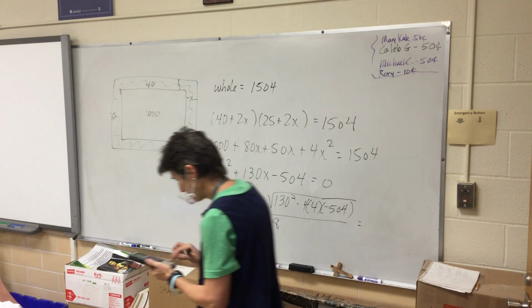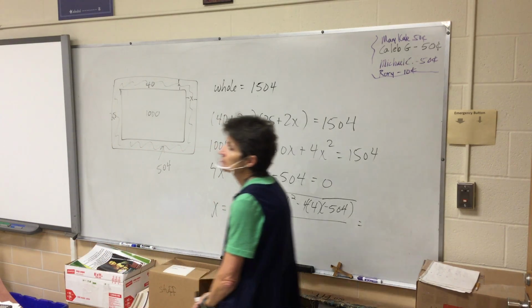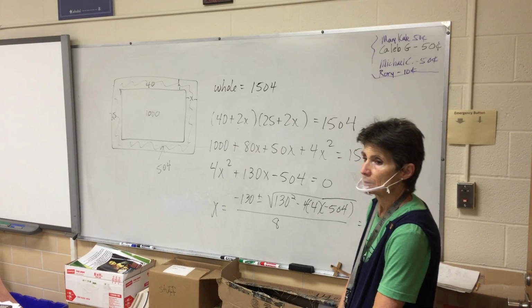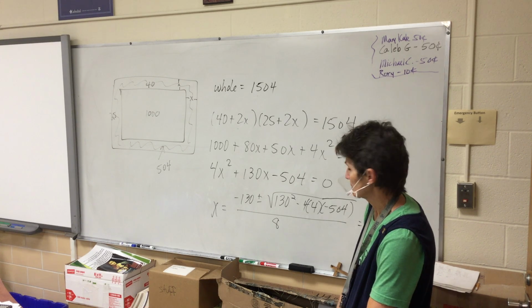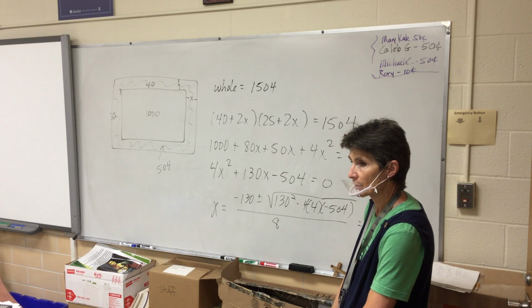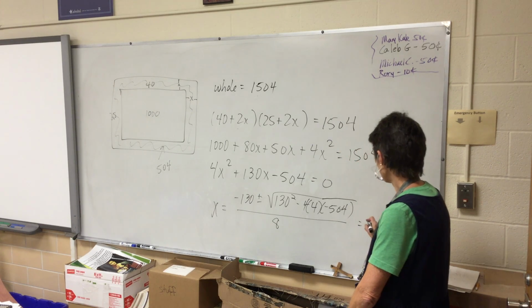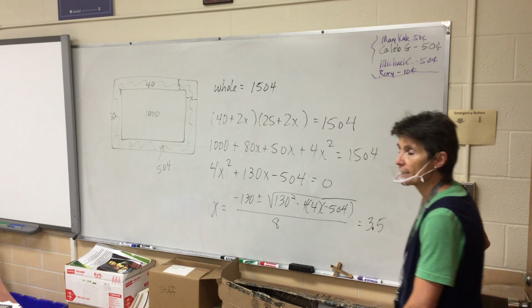Okay, and tell me what you come up with when you type it in. Did you divide by 8? Okay, so you got 3.5 for one of them, Shania? That's what I got.